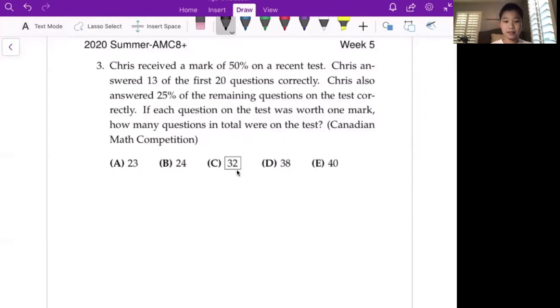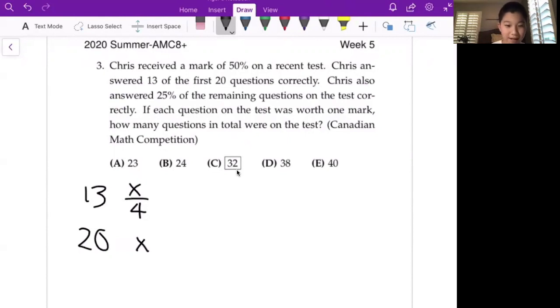Well, let's see. 13 questions, total 20. Now, how many questions were on the other part of the test? Well, we can write this as x. And since he only answered 25% of the remaining questions on the test correctly, x over 4. That's x times 25%.